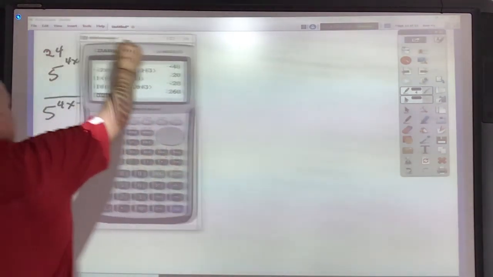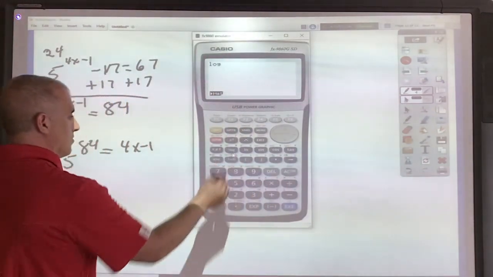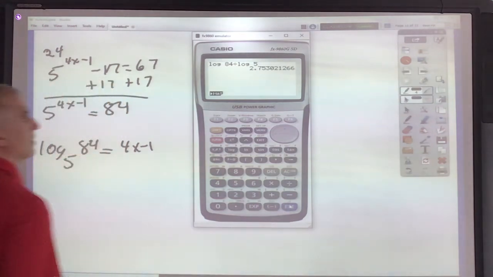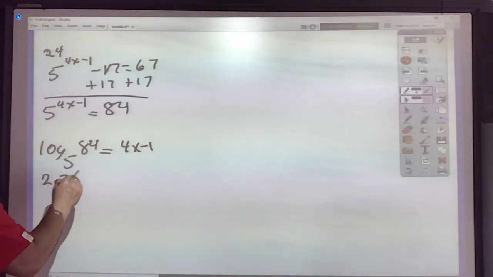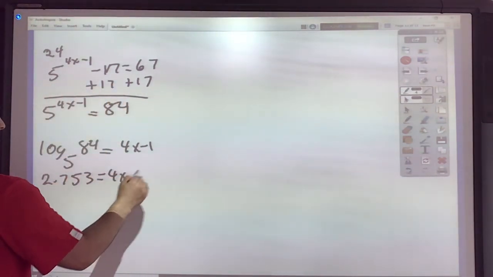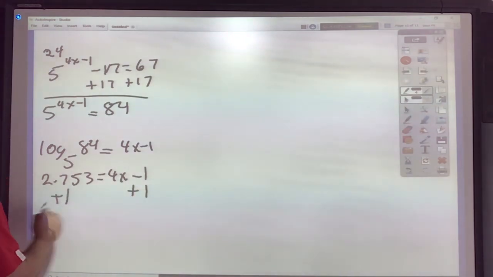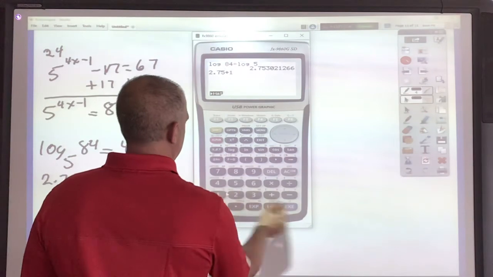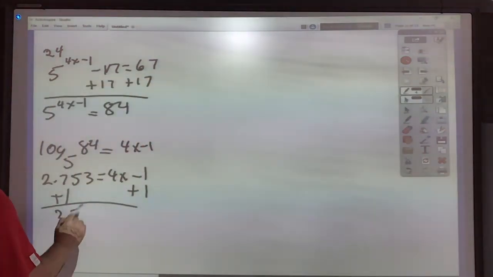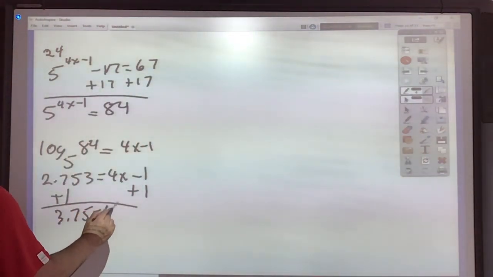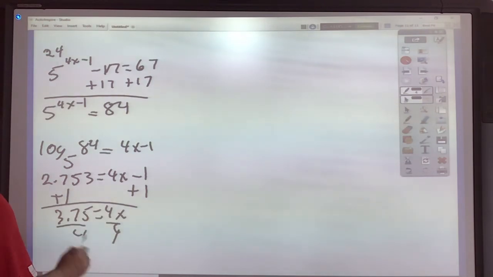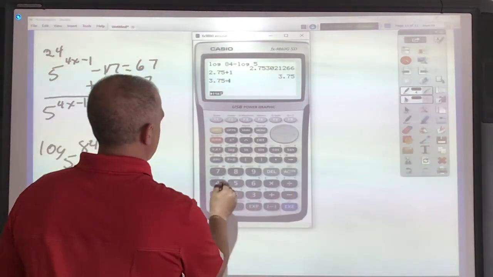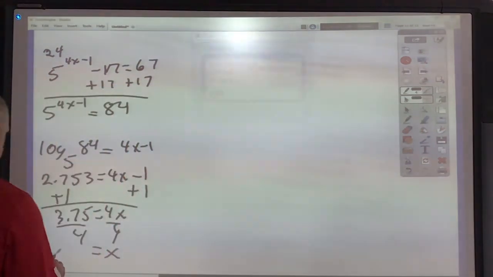All right, the way I handle that, I do log of 84 divided by log of 5, it's change of base. 2.753 equals 4x minus 1, add 1. It's 3.75 divided by 4. 0.9375.